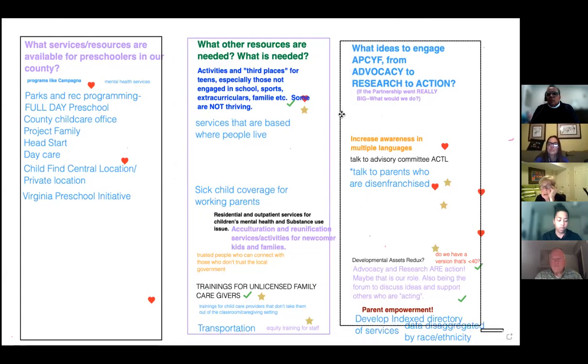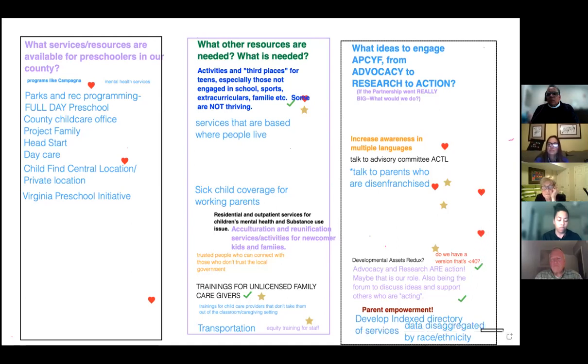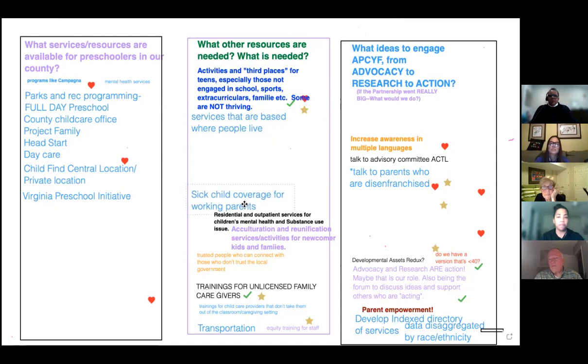But I do think it's going to be easier if we have some things to work around that are the priorities that the partnership agrees are, at this time, the really big important ones for this community, for families and children in our community. Sorry, rambling. No, thank you very much for sharing.